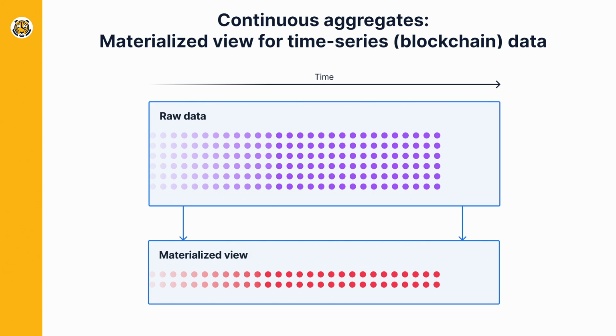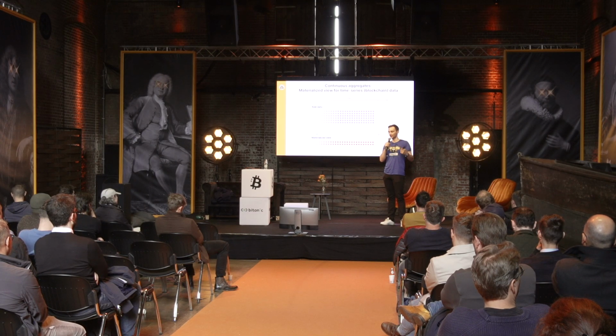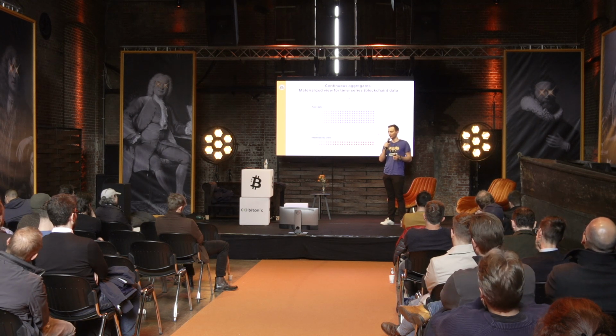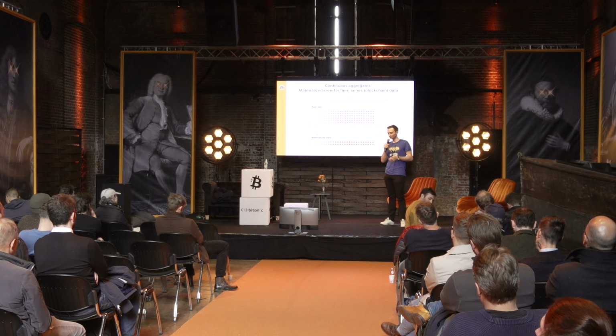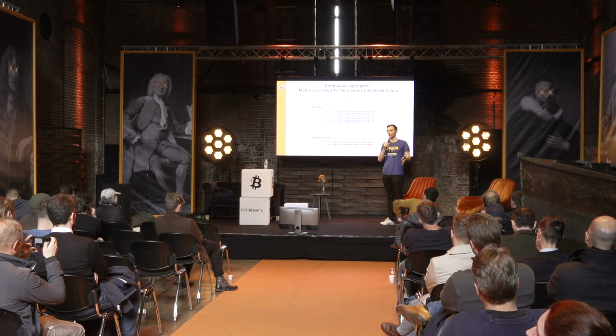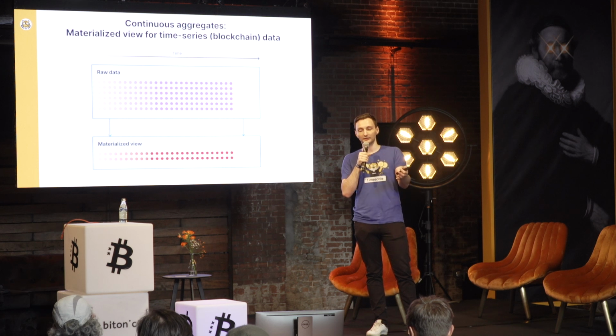And then as you have new blocks added to the blockchain, you always update the materialized view. But even if you don't update it, maybe you have 90% of the data updated in the materialized view, so that portion will come from the materialized table. The other 10% is not materialized yet, and that's another perk of TimescaleDB.